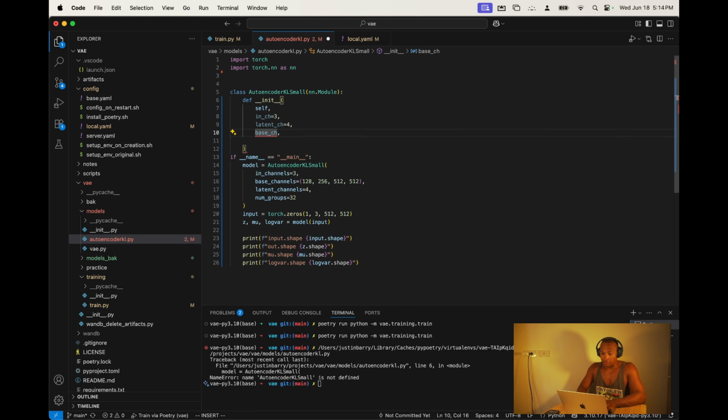So they're going to be 4 channel images. Base channels is going to be 128. So we're going to go from 3 channels to 128 to 256 to 512. Out channels is going to be in channels, and then we're going to use group normalization.